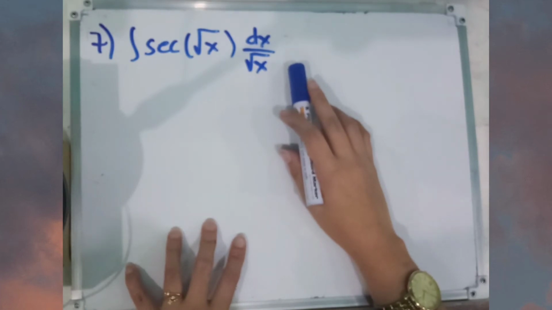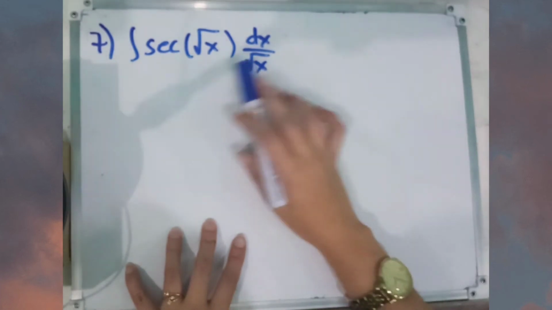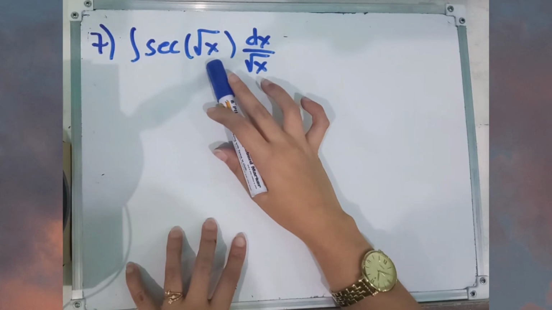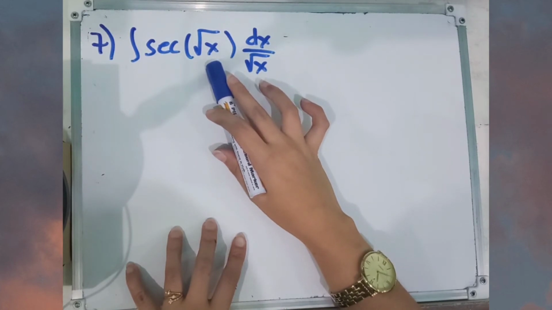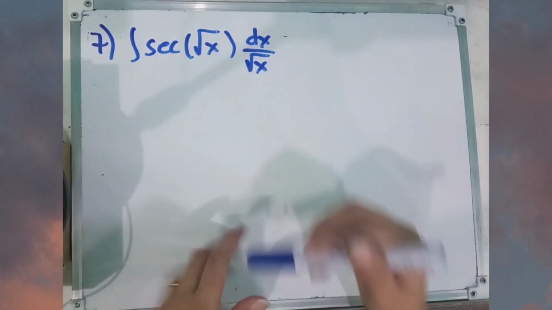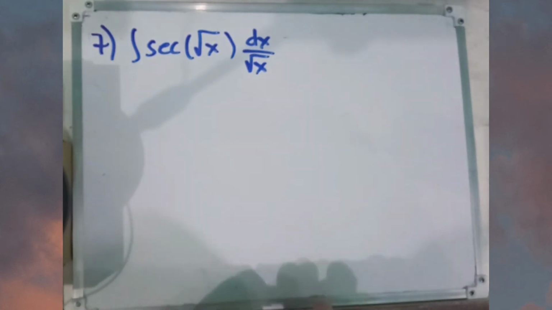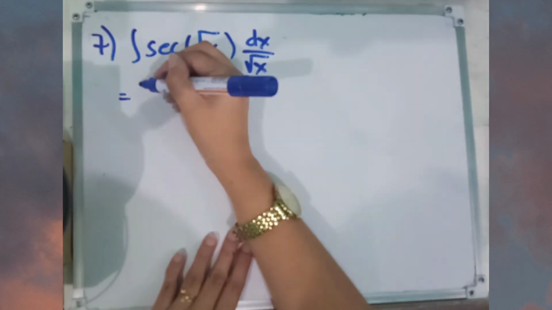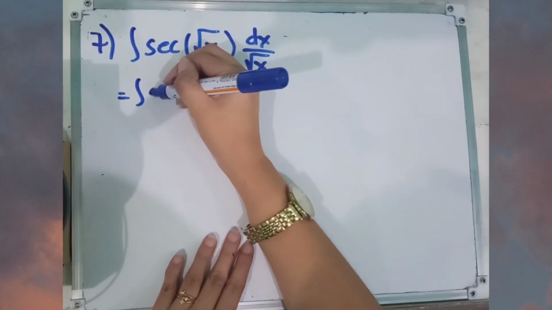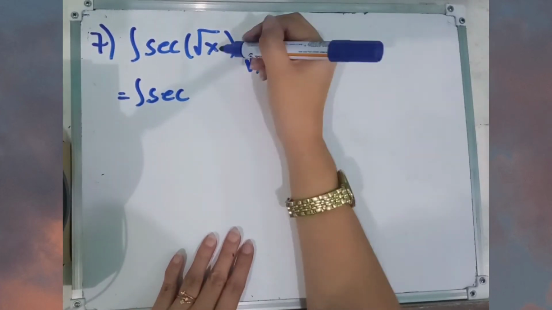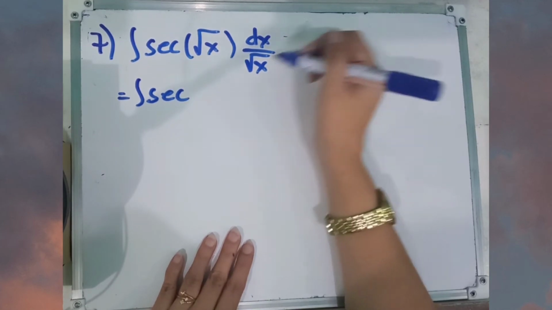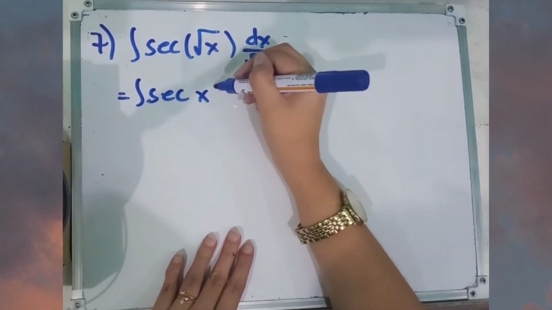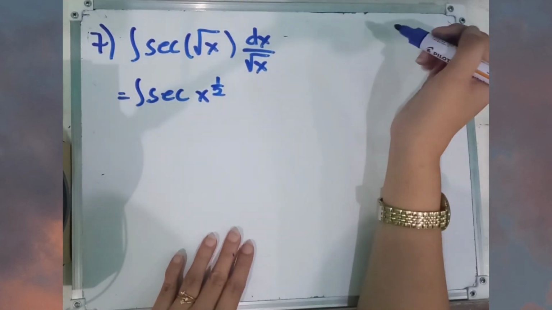For calculus, what we usually do if we have the radical symbol is express it in exponential form. So if we rewrite the integral of secant square root of x, we can rewrite it as x to the power of 1/2.